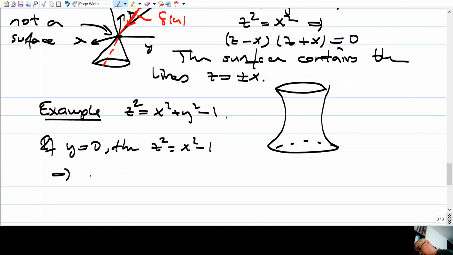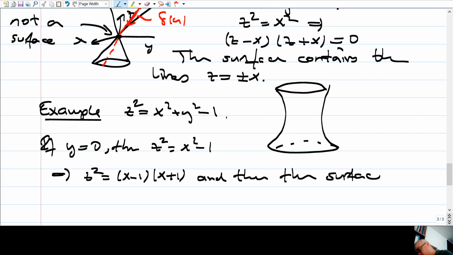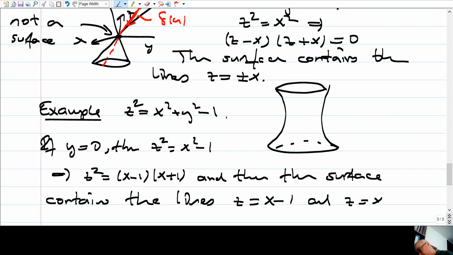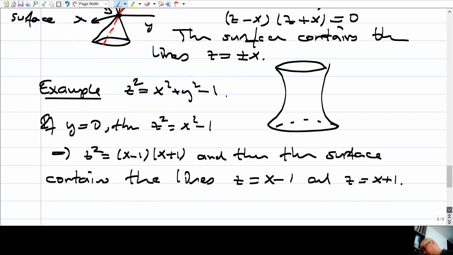So z squared can be written like this, and hence the surface contains the lines, for example, z equals x minus 1 and z equals x plus 1.